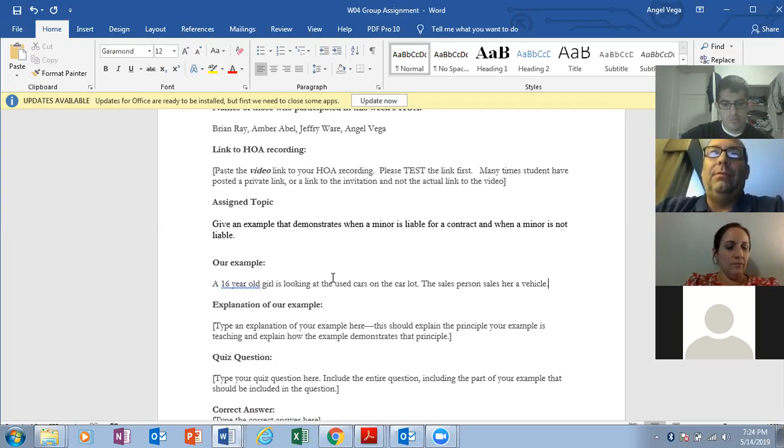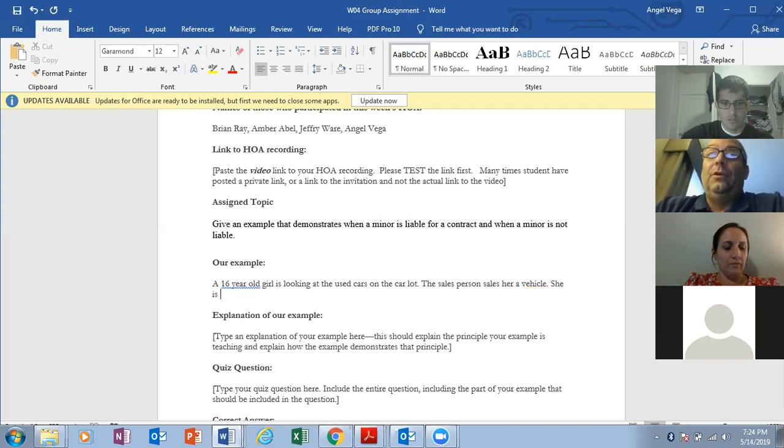She's liable to keep paying for the car or something like that. And maybe we need to add that there were no cosigners on the sale. So she signed by herself. Yeah.